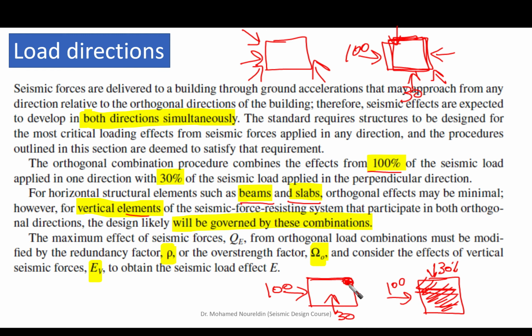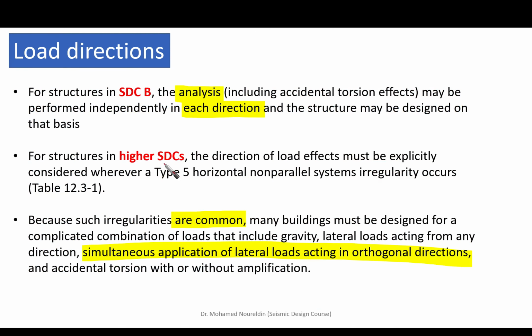This is going to be the worst point, because it would receive both the 30% and 100%. So this would be the controlling load combination for it, or the direction of the loads is going to be controlled by this load configuration.